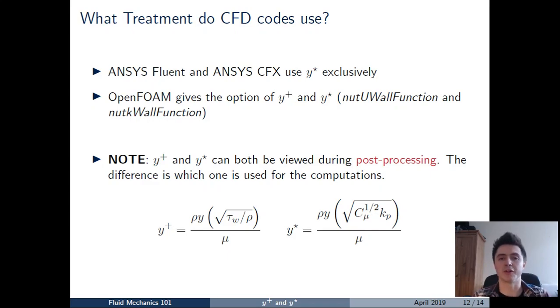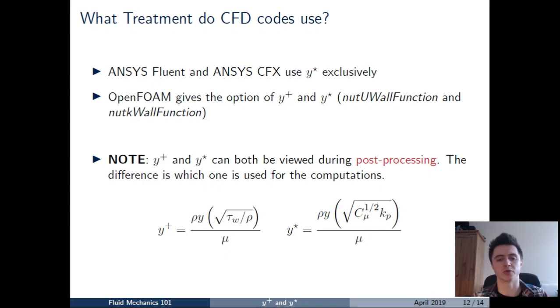At this point, before finishing, it's worth noting that regardless of the approach that the CFD code uses to compute the wall shear stress while it's processing, both yPlus and y star can be viewed as a post-processing operation, regardless of the choice of treatment that the CFD code adopts.